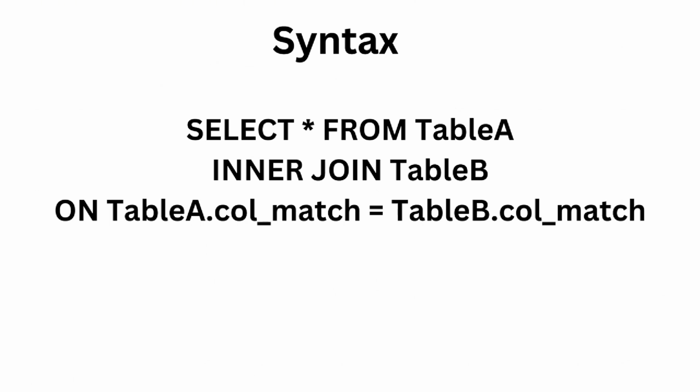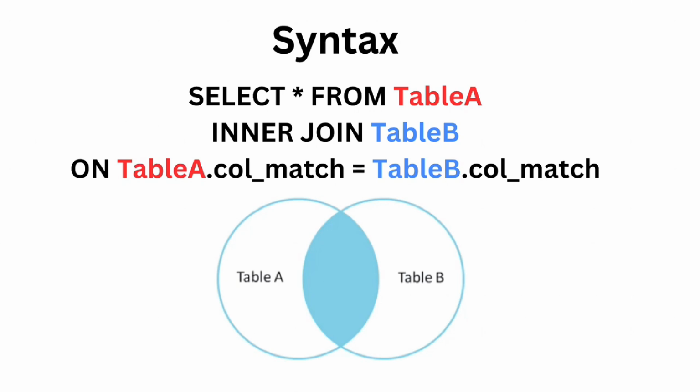So what does that actually look like in practice? So if we color code this and think of the tables as Venn diagrams, and if you look up SQL joins on Google image search, you'll see a ton of Venn diagrams. So a lot of people like to think of it this way. If we see here that we're selecting from table A, inner joined on table B, where table A dot column match is equal to table B dot column match.